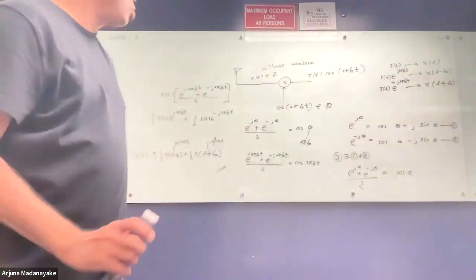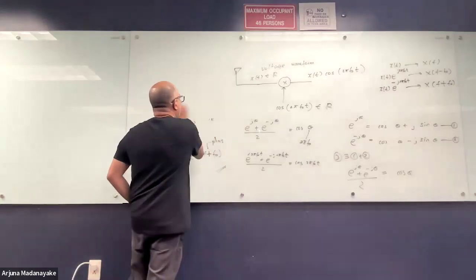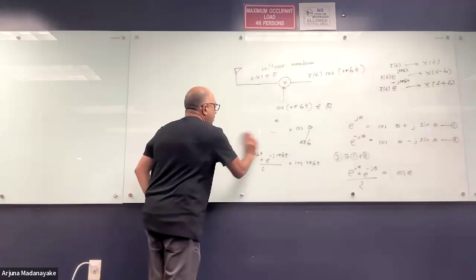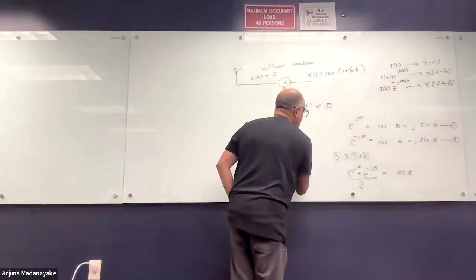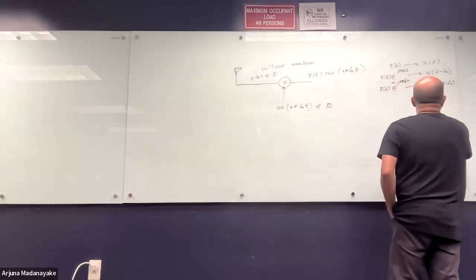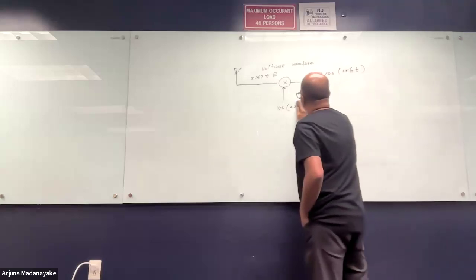All right, so let's do it for sine. This you will do yourself. So now the problem is exactly the same. The only difference is that instead of a cosine wave, you're having a sinusoidal wave.